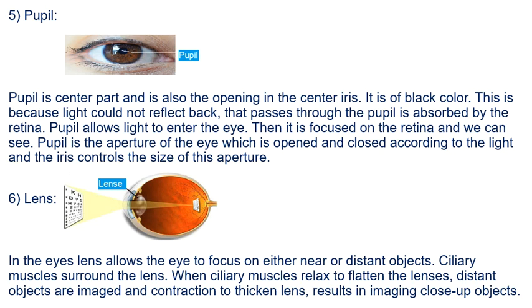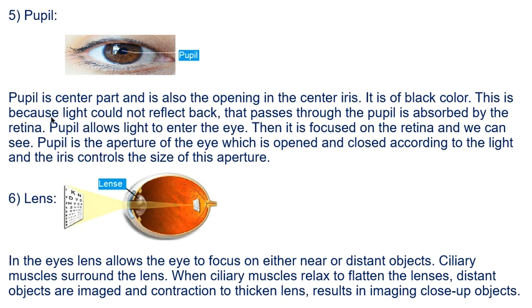To form the image on the retina, it is very important the light which entered the eye should stay inside. So this is the work of the pupil. And it is black in color to protect that light.